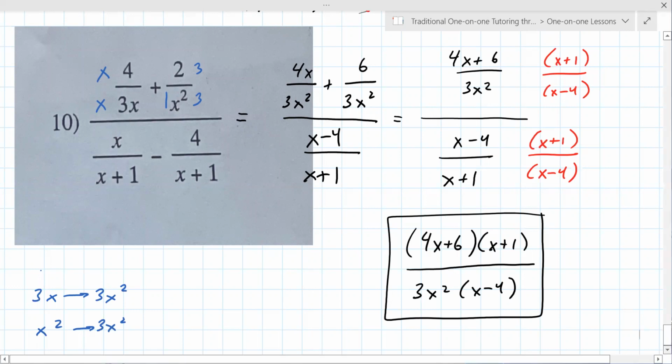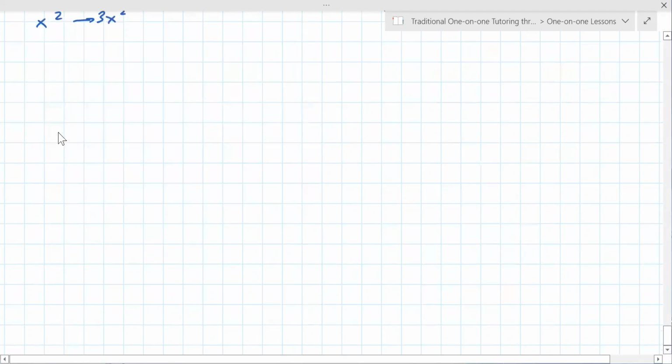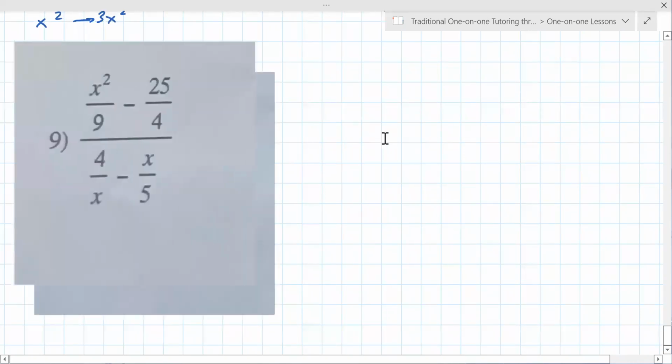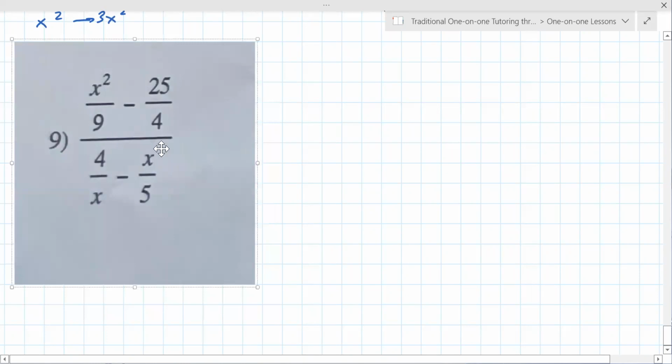No. Okay, so I want you to try number 9, slightly easier. Same concepts though. You got to get the common denominator in the numerator, the denominator, flip, multiply. Take a minute or two and see if you can work that out, and then we'll look at it together.